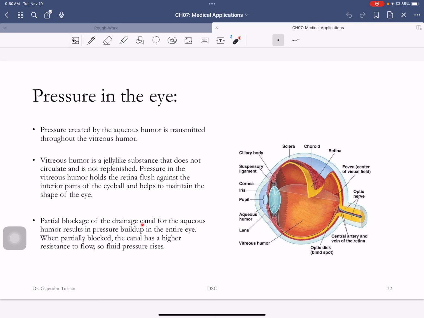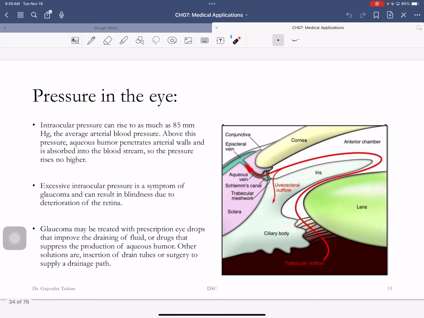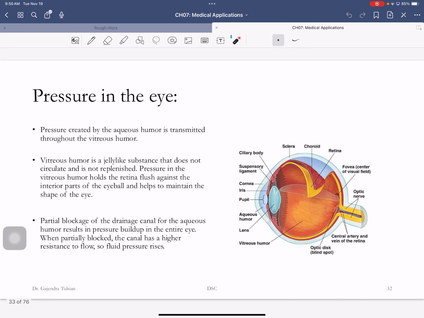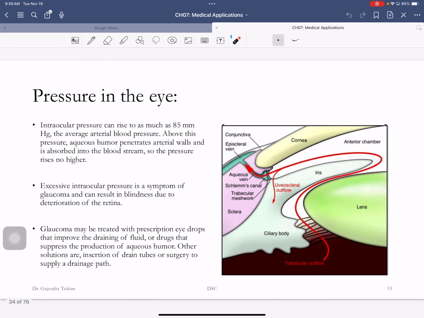Partial blockage of the drainage canal for the aqueous humor results in pressure buildup. There are drainage canals for this aqueous humor, and this diagram shows you this. This part of the eye is shown horizontally.